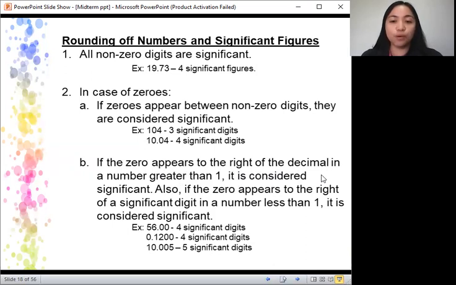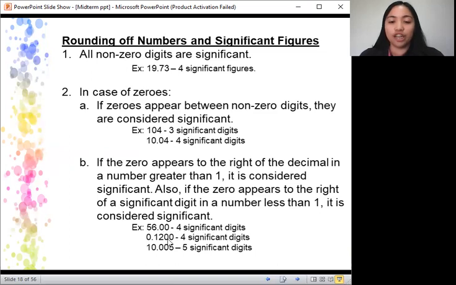Also, if the zero appears to the right of a significant digit in a number less than 1, it is considered significant. So it says that if the zero is to the right of the decimal, and what is to the left of the decimal is a non-zero digit, then the zero is significant. So 56.00 has 4 significant digits.